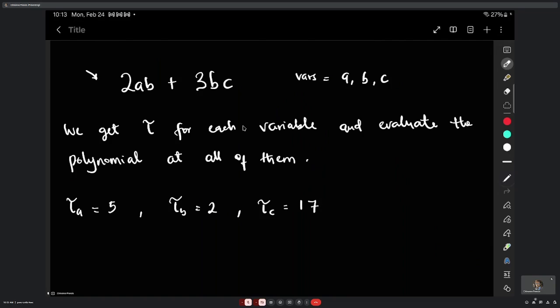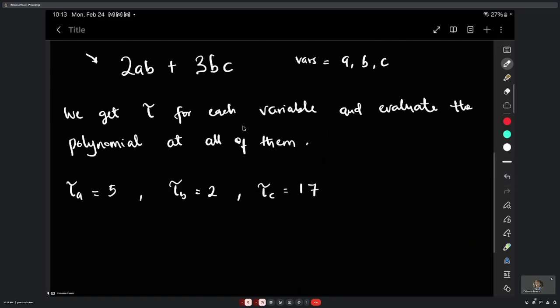Nice. Now we evaluate the polynomial at our values for tau.